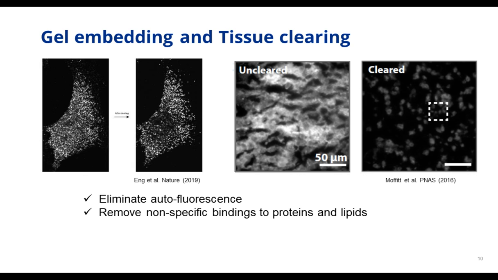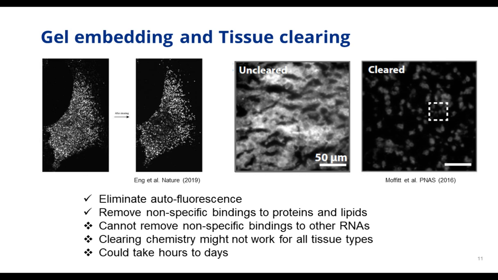So others have found a very clever solution: to reduce the noise in this assay, you can do gel embedding and tissue clearing. What this does is you put your cell or tissue into a gel, and then you clear away all the proteins and lipids in the cell, and that way the background is highly reduced.